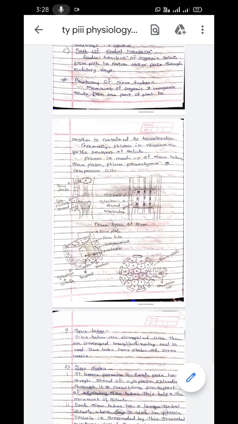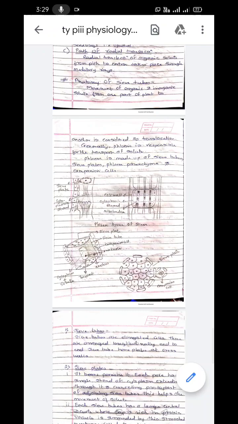If we see a single sieve plate, sieve tubes are present, and surrounding the sieve tubes there are companion cells. At the center there is a vacuole. In the vacuole there are cytoplasm and solutes, and surrounding the vacuole there is a membrane called the tonoplast.